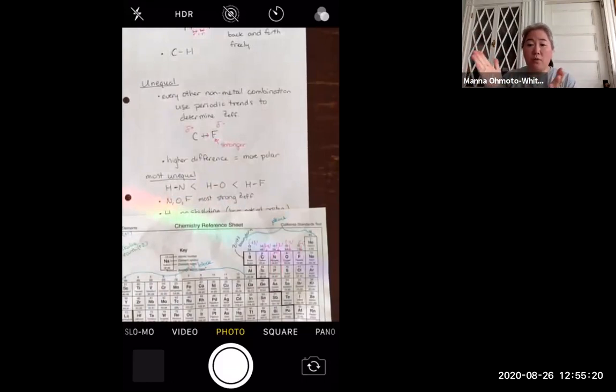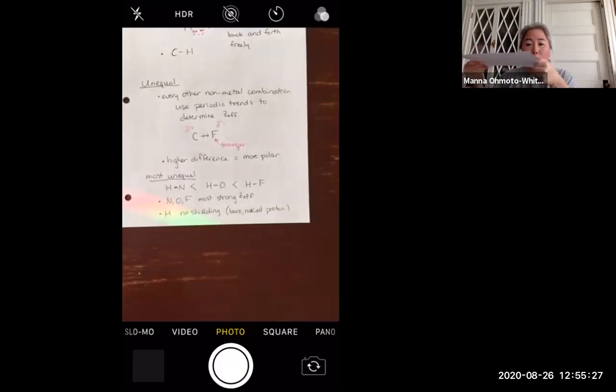So on a spectrum, on this periodic table, nonpolar I'm sharing equally, polar I'm pulling it more toward one side, and ionic I'm pulling it away completely.